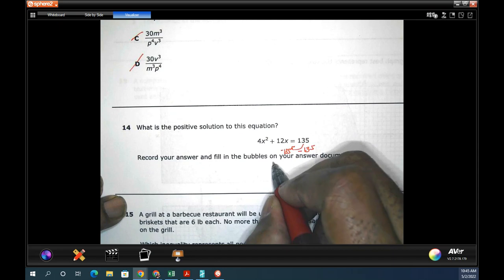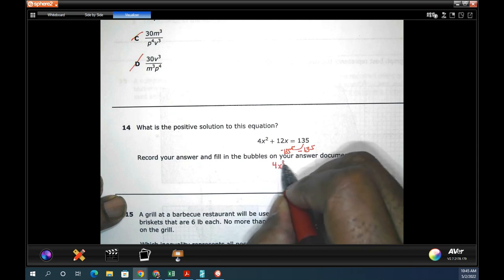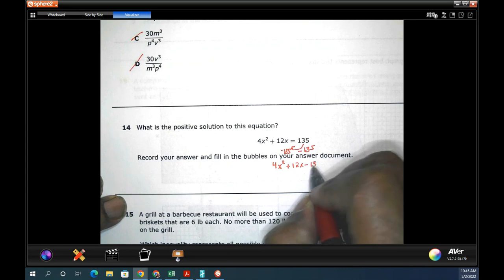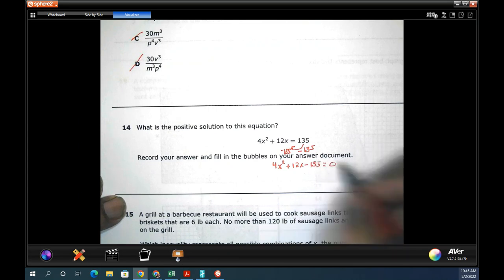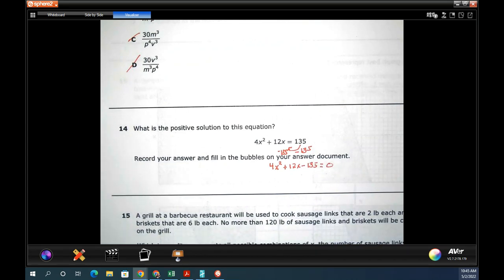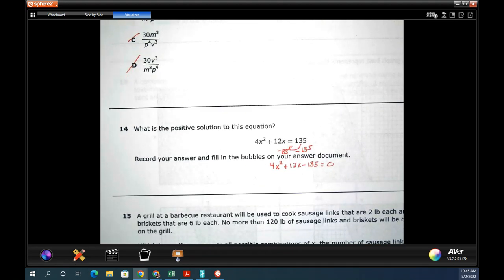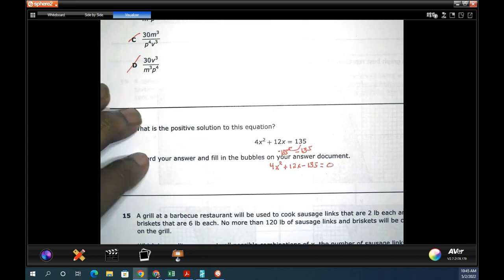So now your new equation is 4x squared plus 12x minus 135 is equal to 0. Now, let me show you a little cheat on here. Get your calculator out. To solve these, remember we factor and then set both equal to 0? We're not doing that anymore. Watch this.